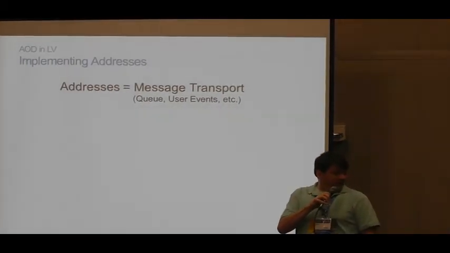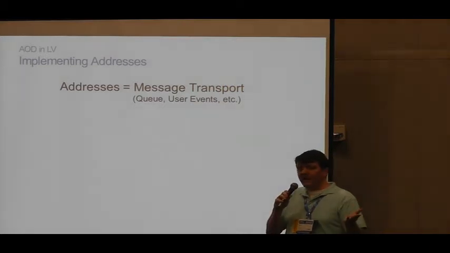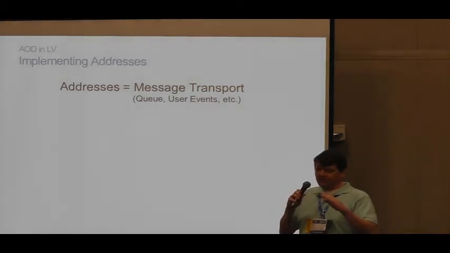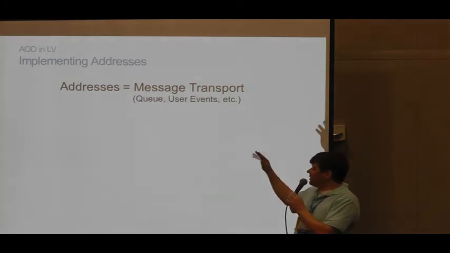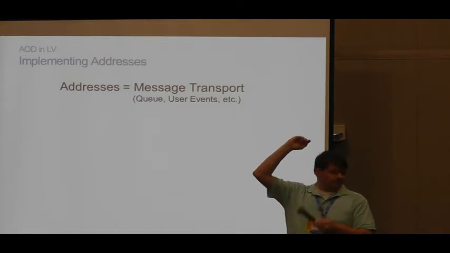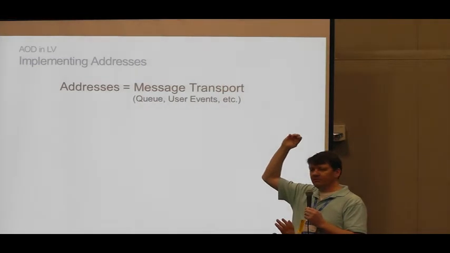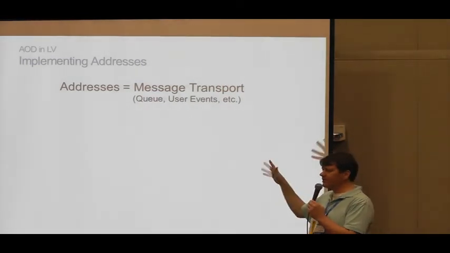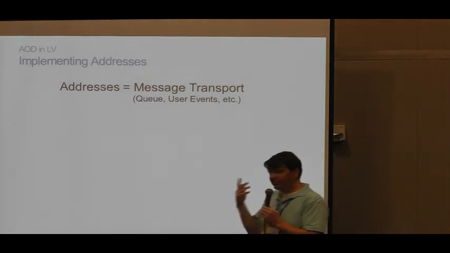Okay, moving on to addresses. We've covered messages, going to addresses. This is a simple one. Addresses are a message transport. So let me talk about my terminology a little bit here. I use the terminology message transport. Who went to Nancy's session on frameworks? Very many? A few? Okay, she talked a little bit about transports. The principle of a message transport is just what it sounds like.